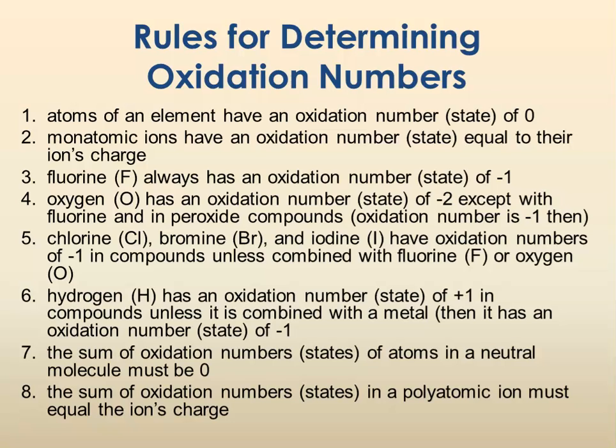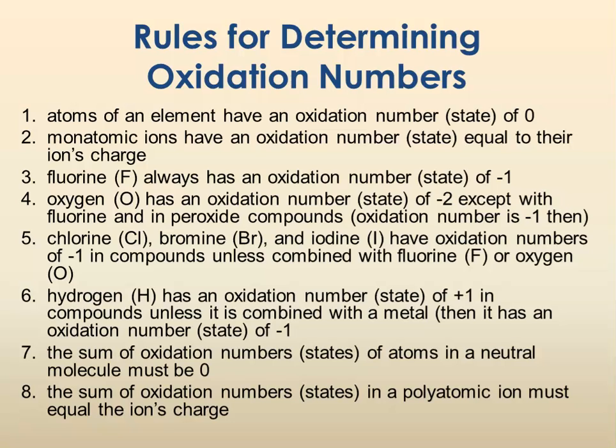If it's a molecule like F2 or P4, they too would have oxidation numbers of 0. Monatomic ions, ones from the periodic table, will have an oxidation number that is equivalent to their ion's charge. And if we start getting into the molecular substances, electronegativity is going to be a key determining factor as to what oxidation number elements that make up compounds will have.